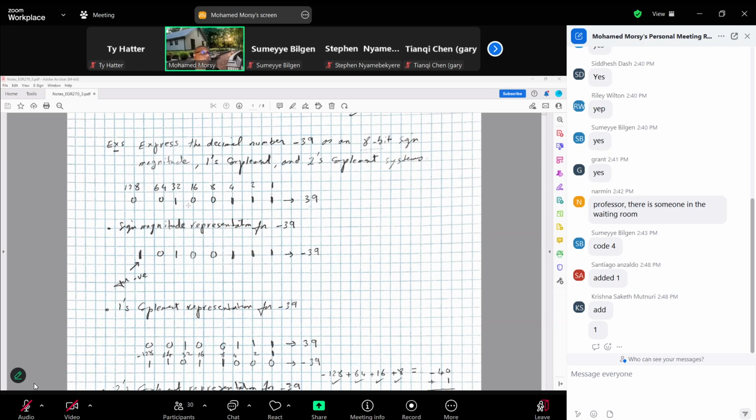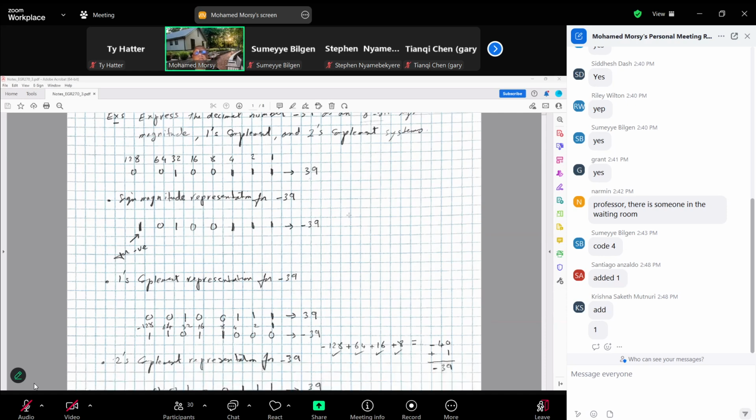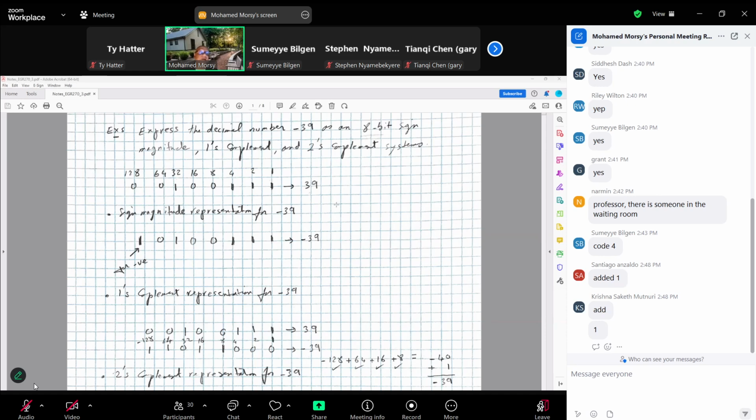So 39 is 32, so we put bit 1 here, plus 4, we put bit 1 here, plus 2, bit 1 here, plus 1. If you add 32 plus 4 plus 2 plus 1, you get 39. And definitely this is a positive number in sign magnitude, because we have 0 here. The most significant bit is 0 here.